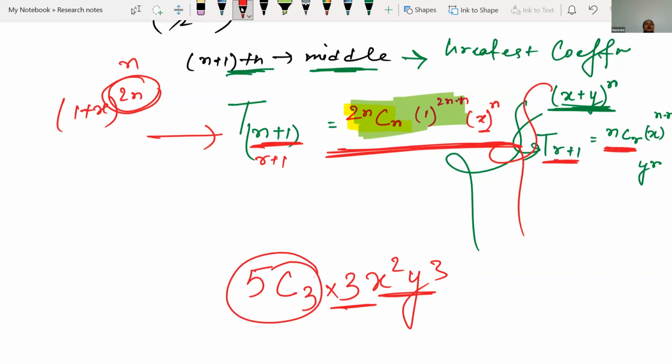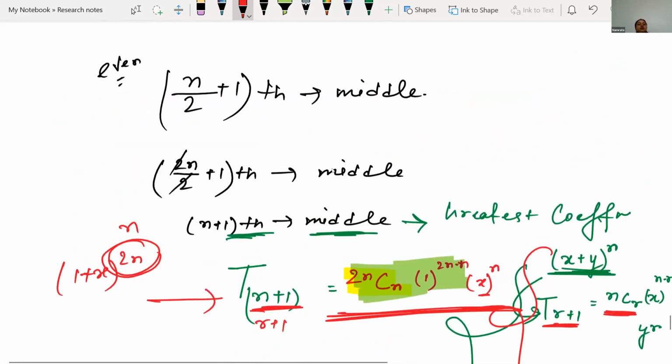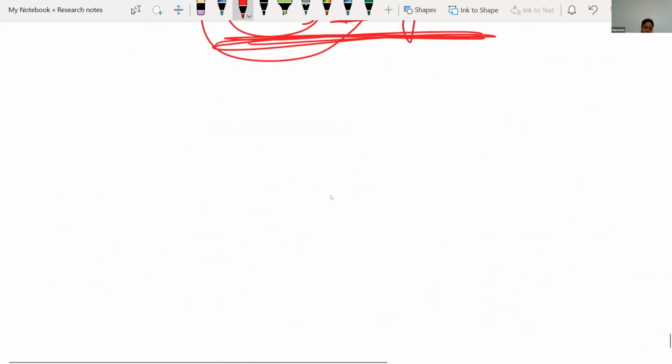Only 5C3 is the binomial coefficient. Which one is the coefficient? Everything in front of the variables is the coefficient. What is the term? This total is the term. Getting? Yes, ma'am. So this is how we will identify the particular word and go ahead accordingly. Here, let me take the other question. Is it clear? Yes, ma'am.